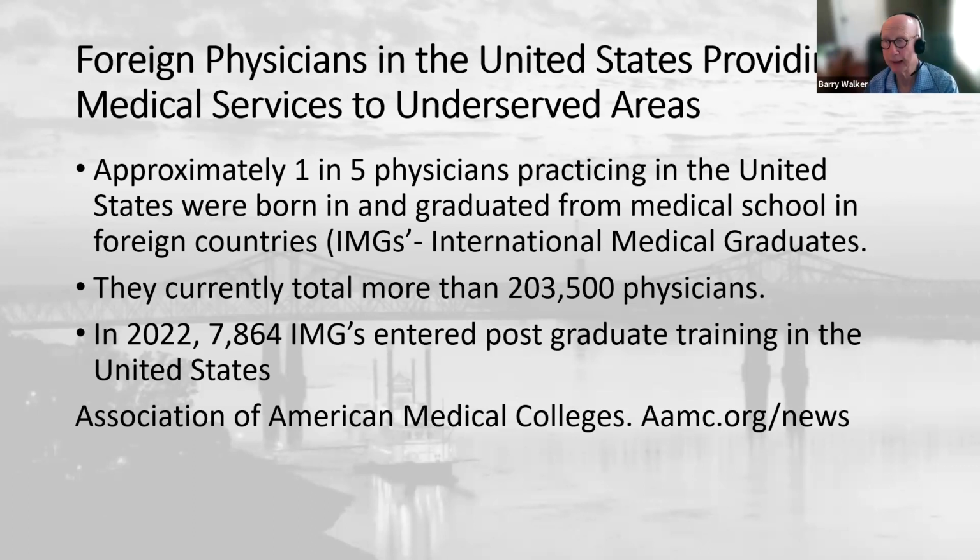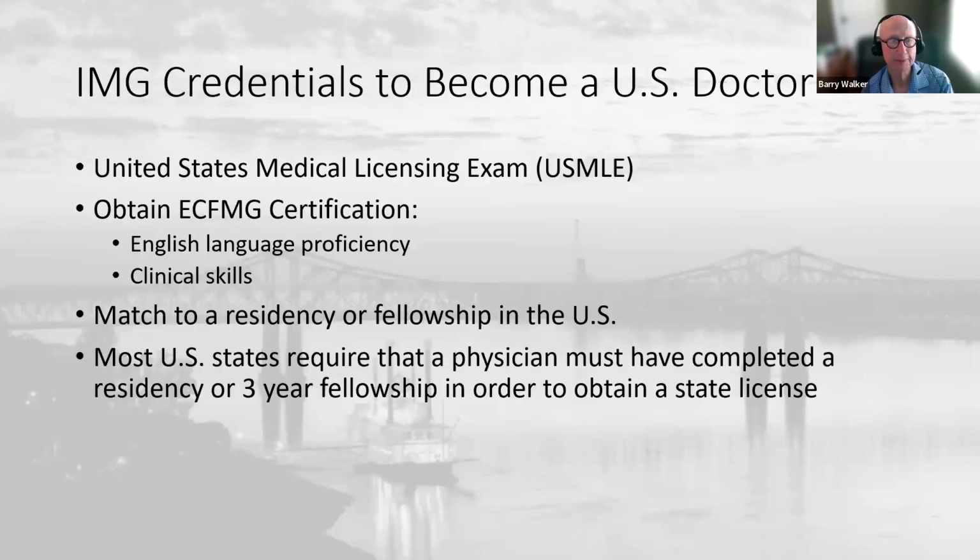In other words, they matched, you may have heard that term before, they matched to residency programs in the United States. Those physicians are competing against American graduates for these slots in these various training programs around the country.